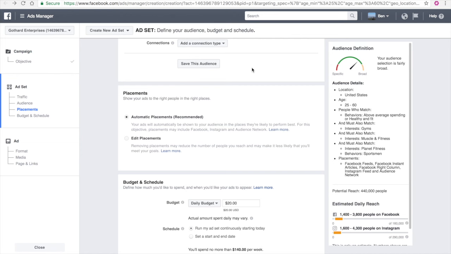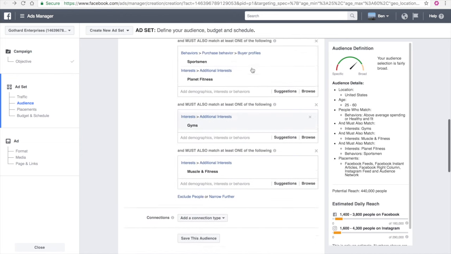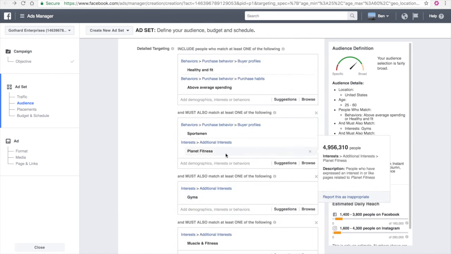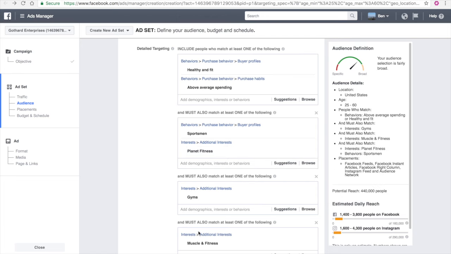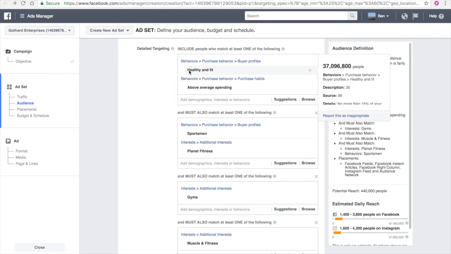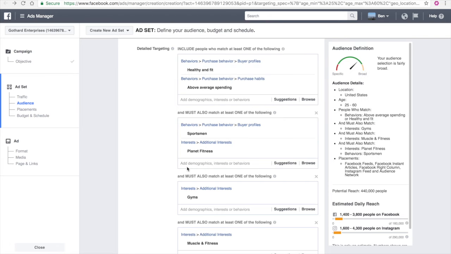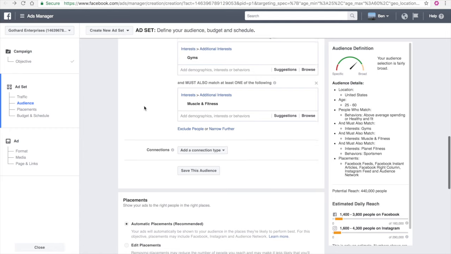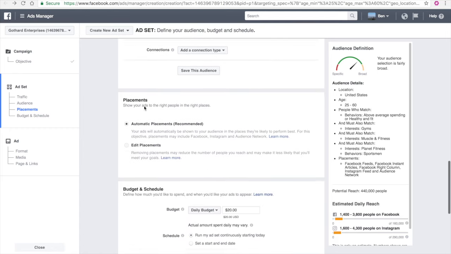So I would save multiple different audiences. Now, you might just target Planet Fitness in one of them. You might just target Muscle and Fitness in one of them. You might just do healthy and fit and sportsmen in one of them. You play around and you mix and match and come up with these different combinations, because again, you really don't know which ones are going to work.